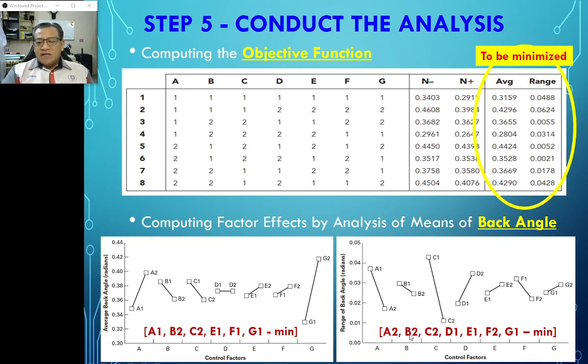The best set point is A2, B2, C2, D1, E1, F2, and G1. So from this, you can have the best performance with the least minimum, I would say, variation. Okay, the best, the maximum signal with a very much minimum noise.